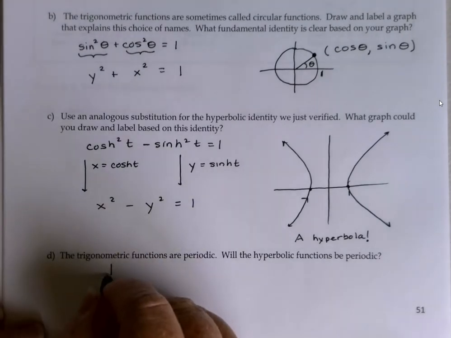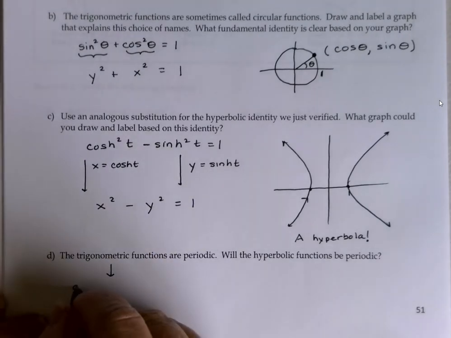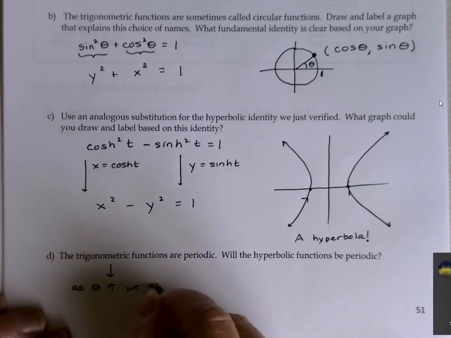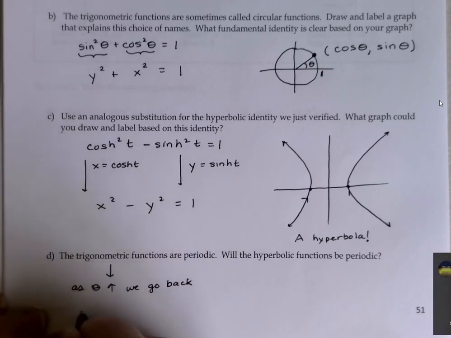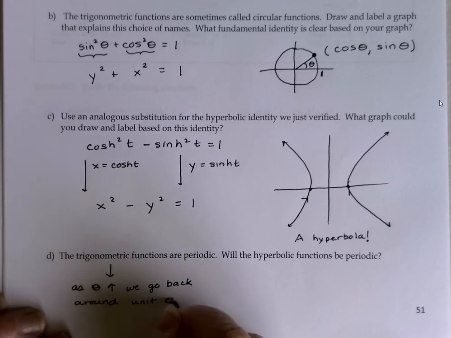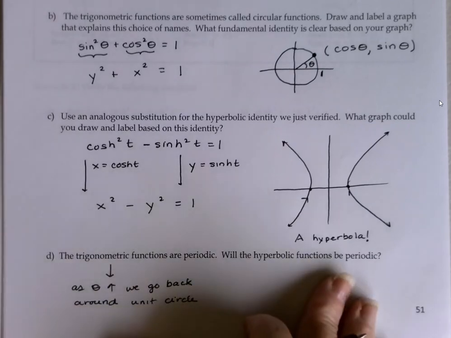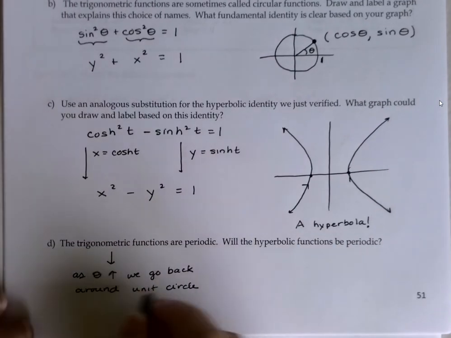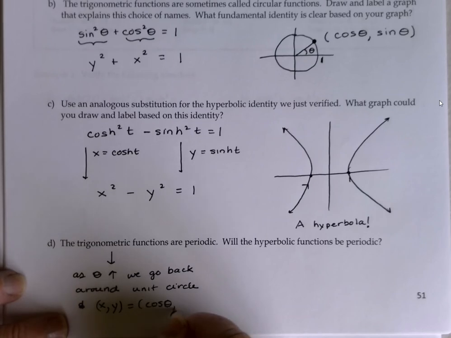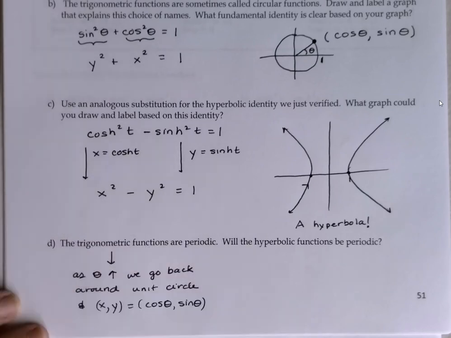So these are periodic because as theta increases, we go back around our unit circle. And the x and y values, or in other words, the cosine and sine values, repeat. That's what causes the periodic nature of the trig functions.